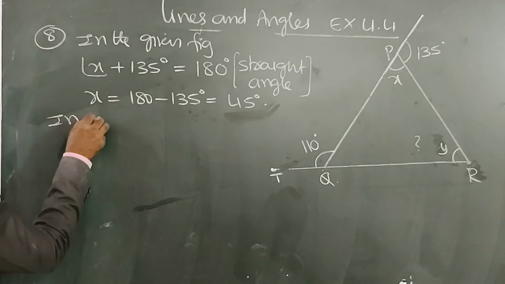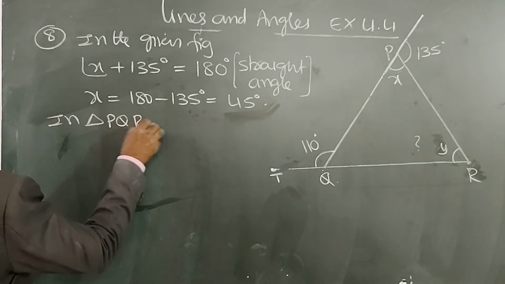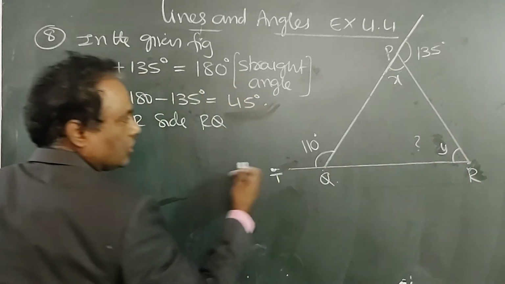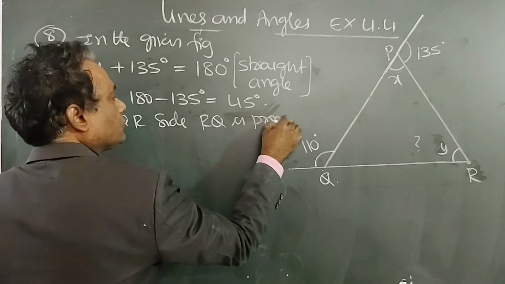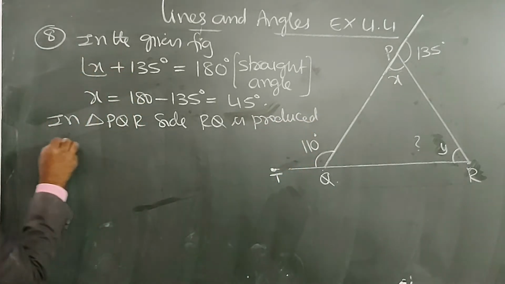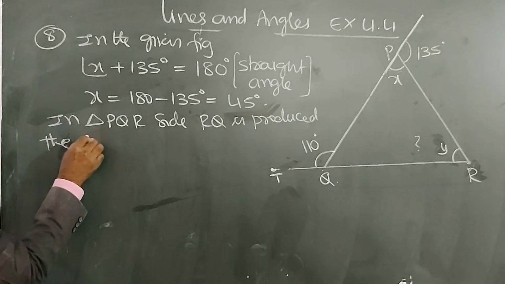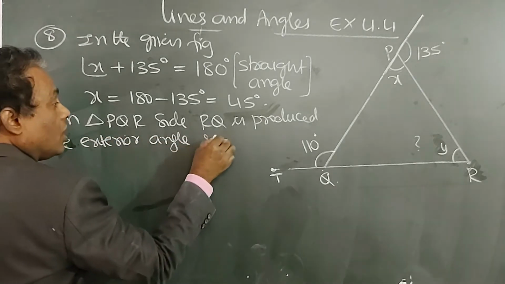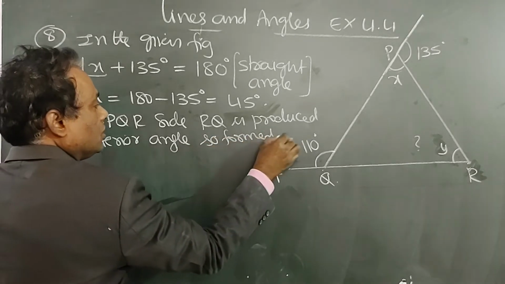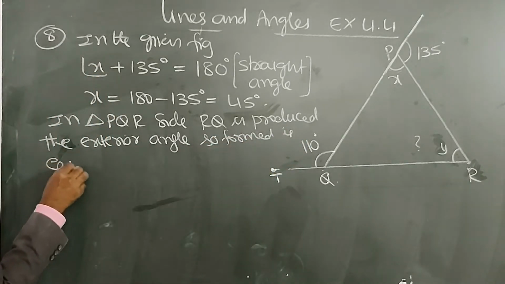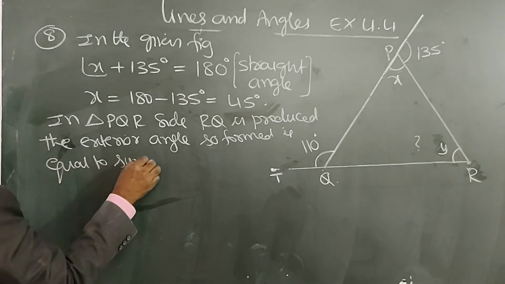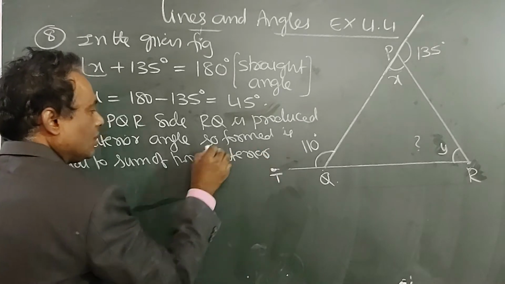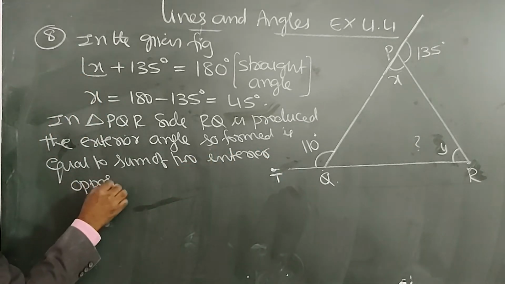So, in triangle PQR, side RQ is produced. The exterior angle so formed is equal to the sum of two interior opposite angles.